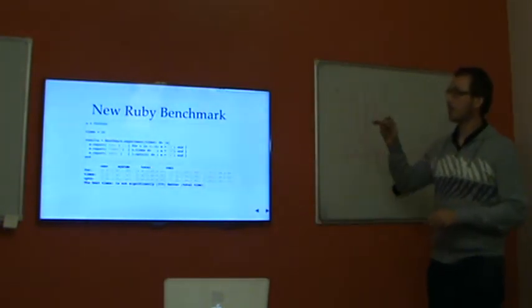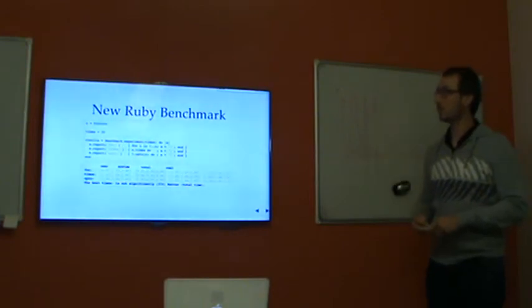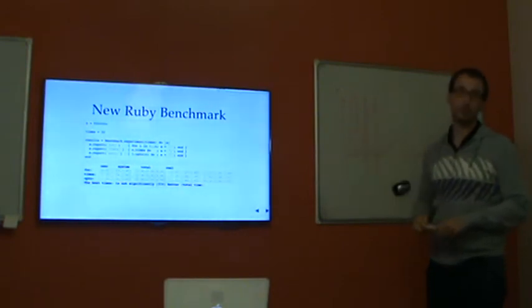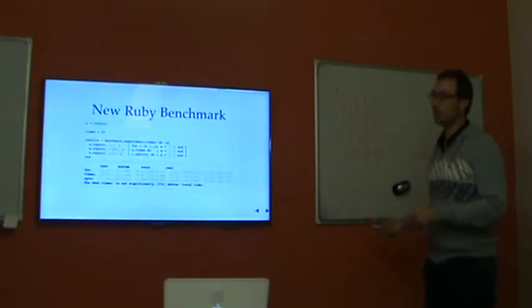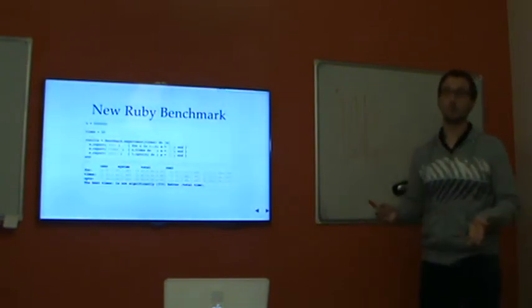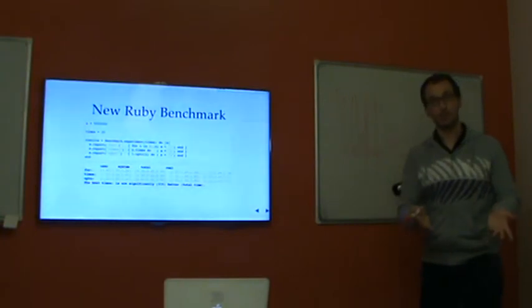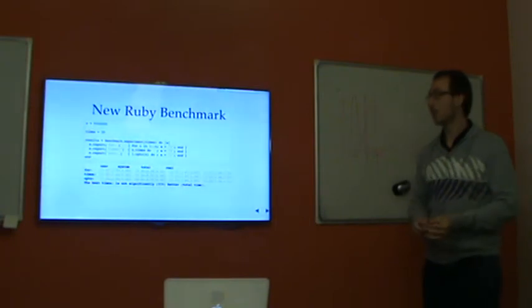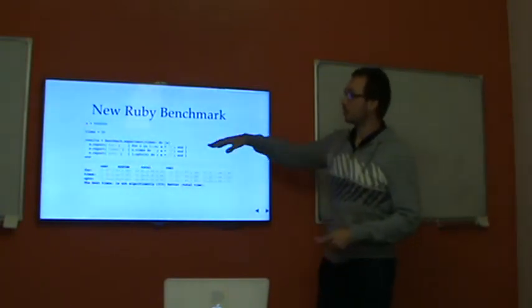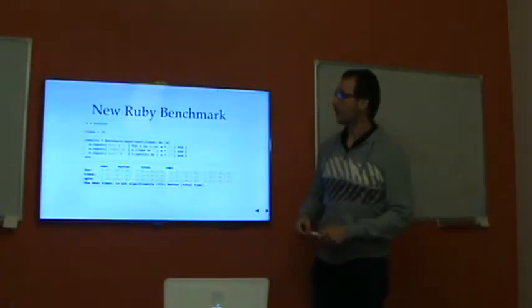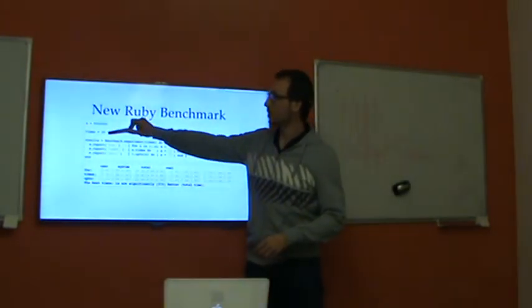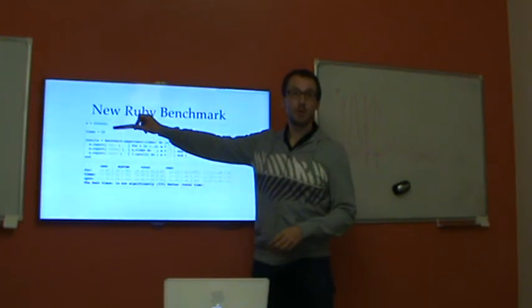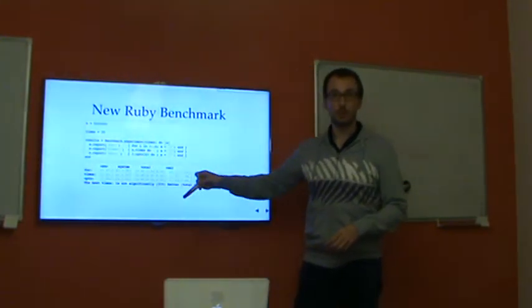So I've started to implement an extension of the benchmark module, and the idea is to bring to Ruby developers a lot of statistical tools that resolve all the things I've underlined. If we take just our first example, the most important difference is that you need to give how many times you want to run the things.